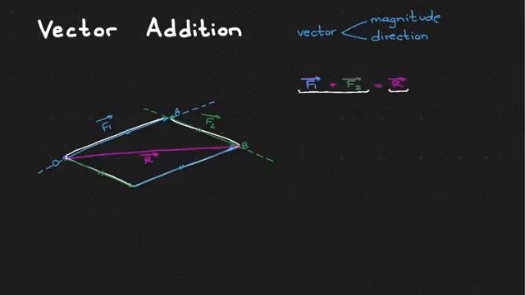A very important point in vector addition is that it does not make any difference whether you give the particle first the displacement F2 and then F1, or vice versa, F1 first and then F2. Both will yield the same resultant vector.